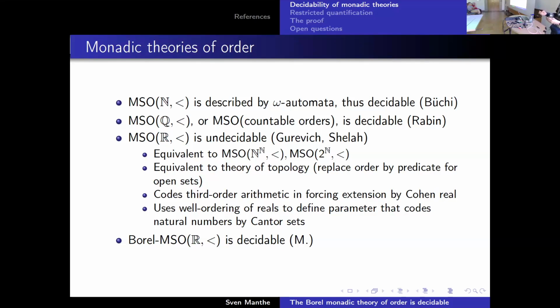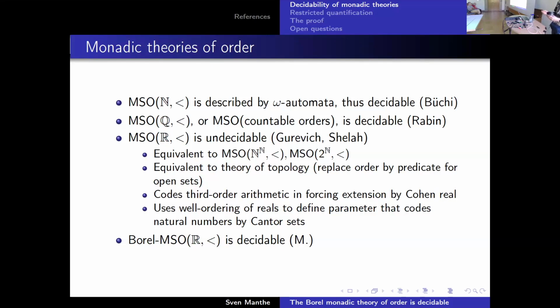And it can also be seen that over the reals, the monadic theory of order is equivalent to the monadic theory of topology, where one also can quantify over subsets, but instead of comparing points, one can ask whether a given subset is open. This is clearly interpretable in the monadic theory of order, since the order topology is a monadic definition, but it can also be essentially reversed, since using the theory of topology, one can define intervals and thus almost recover order.